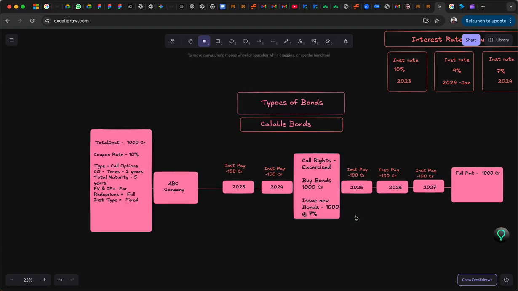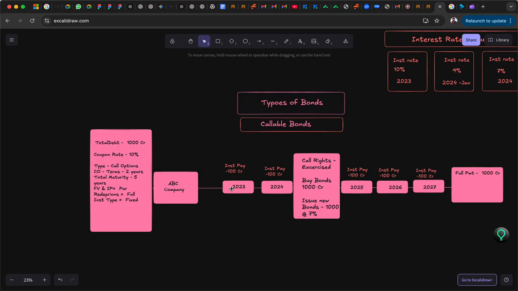So look at this. As a company, if the interest rate goes down and you have done some analysis, then you can exercise call rights and buy the bonds from the investors, repay their debt, the interest payment for 2 years, 2023 and 24, and the 1,000 crores principal, and then issue new bonds for the same 1,000 crores at 7% interest.